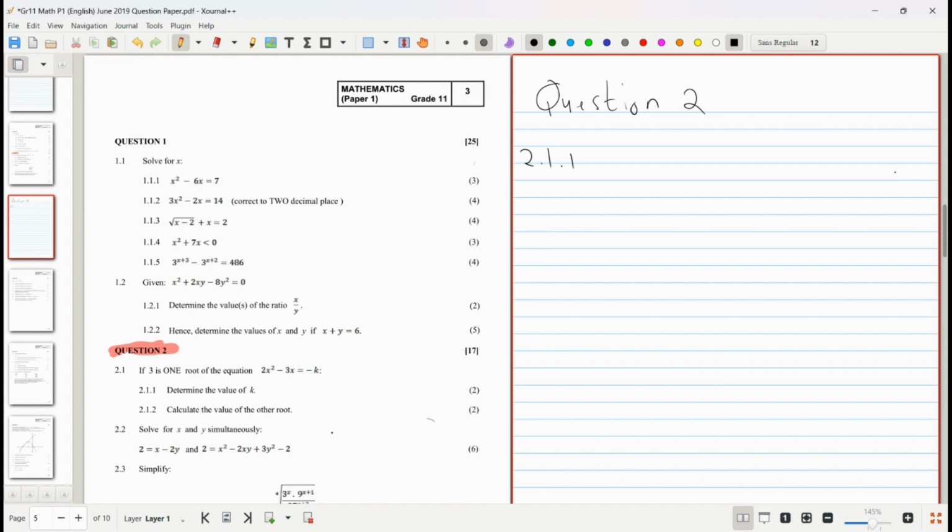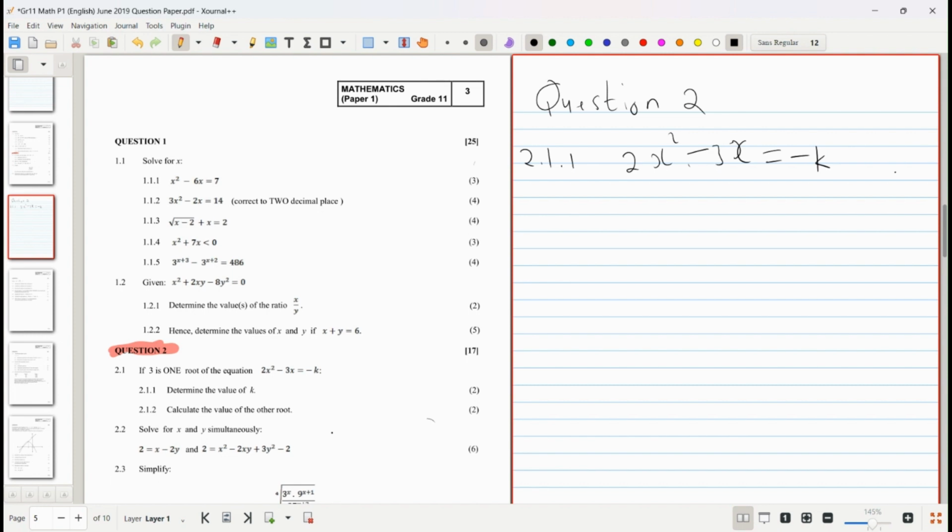So we have 2x squared minus 3x equals negative k.